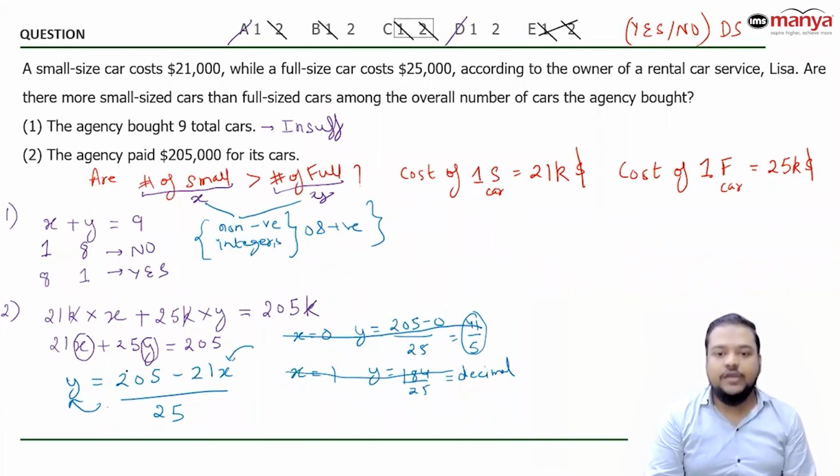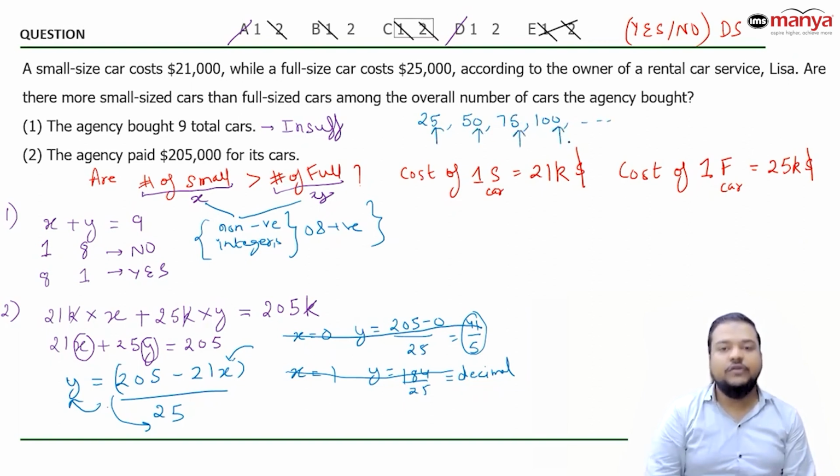We are looking for a number in the numerator that could be divided exactly by 25. Think what kind of numbers are divisible by 25, or let's write the table of 25. 25 ones are 25, 25 twos are 50, 3s are 75, 100, and so on. Observe that the last digit is 5 or 0.